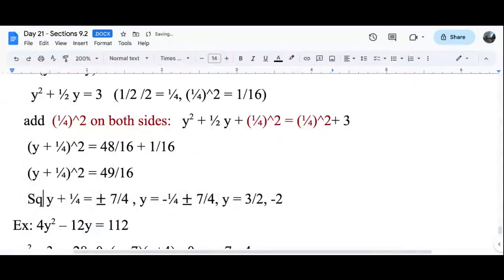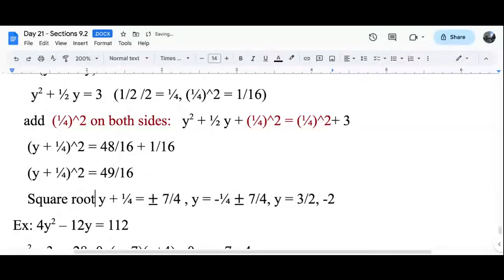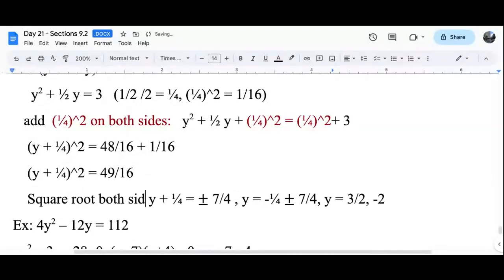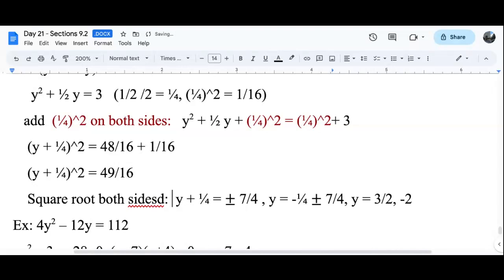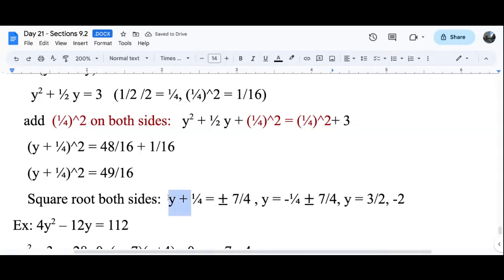Then we square root both sides. Square root cancels the square, so we get y plus quarter. Square root of 49 is 7, square root of 16 is 4. So we get plus or minus 2 values. Then we subtract quarter on both sides.